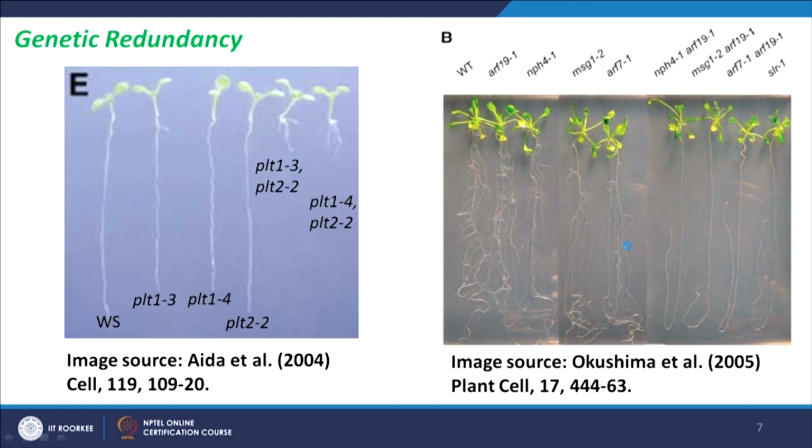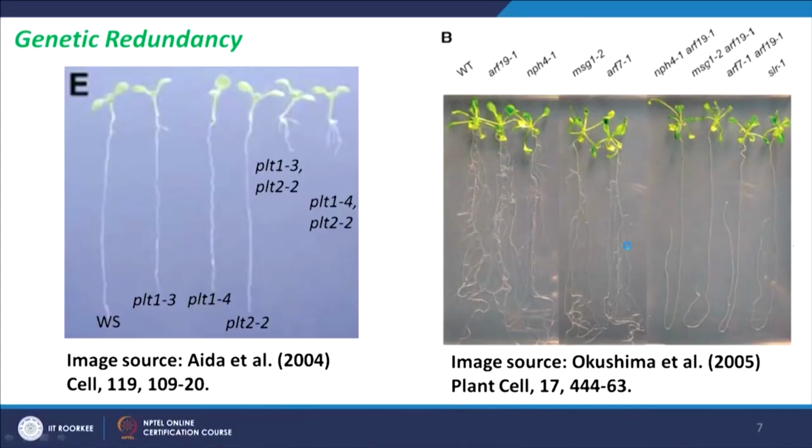Another important thing is genetic redundancy. Genetic redundancy happens when there is a family of genes with more than one member in a particular family. Some of them are doing the same function, which means that if you have a mutant of one gene, you might not see a significant effect. But if you mutate more than one gene, you start seeing the effect. This is called genetic redundancy.